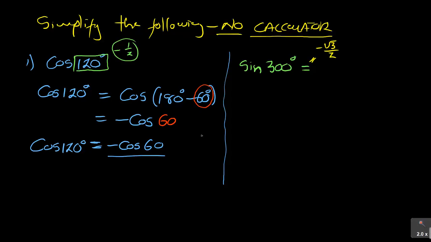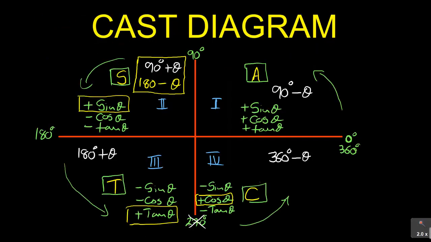Now the first thing that you ask yourself is, where do I locate 300 degrees? Now 300 degrees is not in the first quadrant, it's not in the second quadrant, 300 is not in the third quadrant, because you can see third quadrant is up to 270, but it is in the fourth quadrant because that's where we have 360. So what you do is you're locating your 300 here, and you ask yourself, what is the reduction rule of 300?